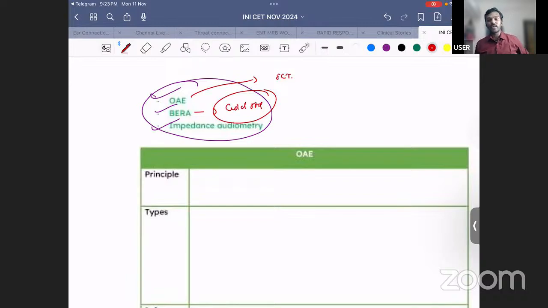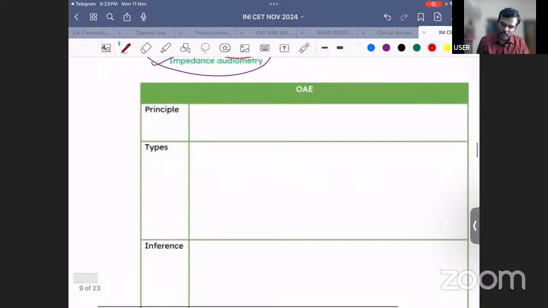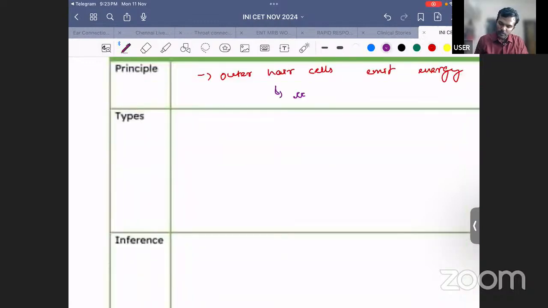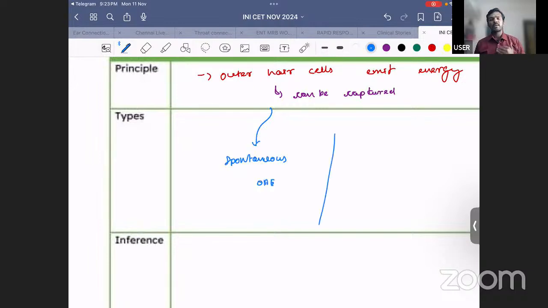So what is the principle behind OAE? Naturally, outer hair cells emit energy, and the energy emitted by outer hair cells can be captured. Natural capturing of energy released from outer hair cells is called spontaneous OAE. But spontaneous OAE is not present in all individuals.